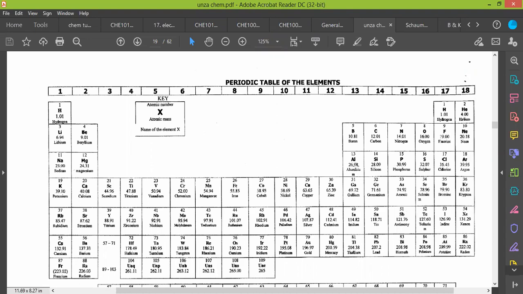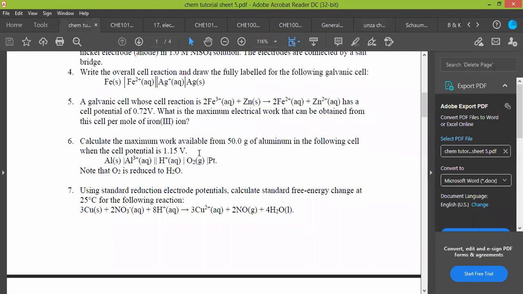So 50 divided by 26.98. What is the number of moles that you're getting from there? 1.853 moles. So those are the moles of aluminium that you have available.